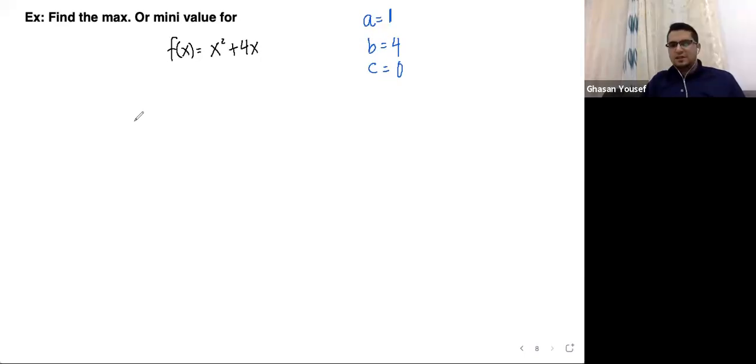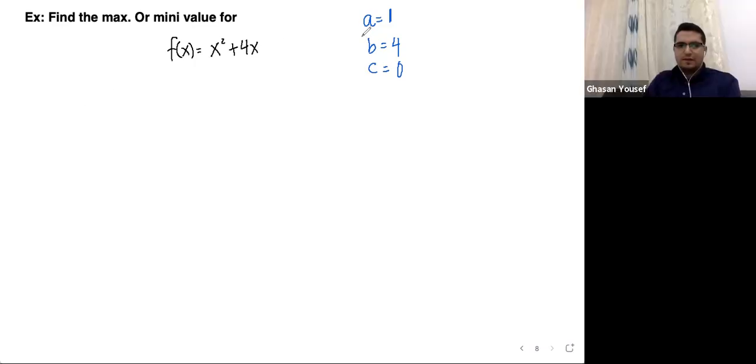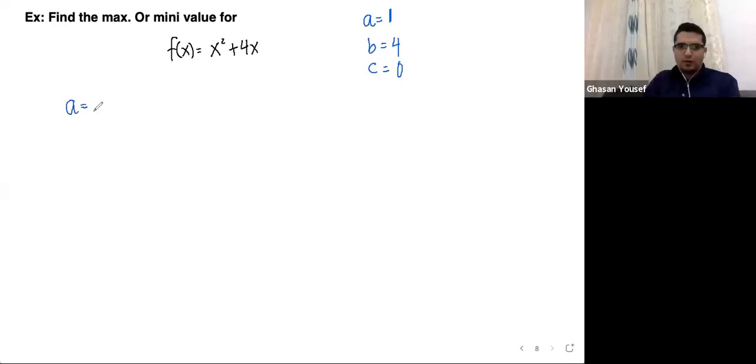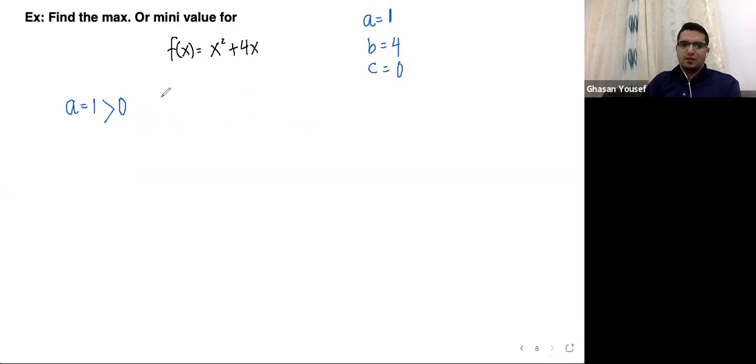Now does this function have a minimum value or maximum value? It has a minimum value. Why? Because a is positive. My a here equal 1 is a positive number. So if a is positive, the function f of x has a minimum value.